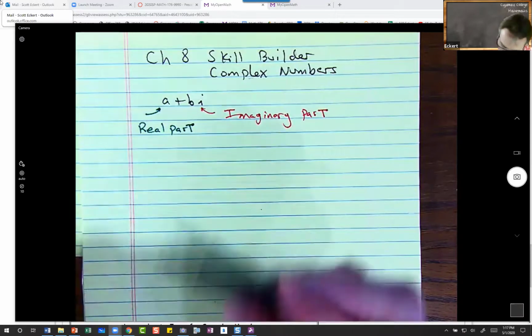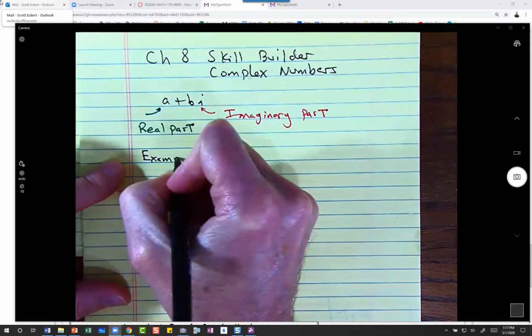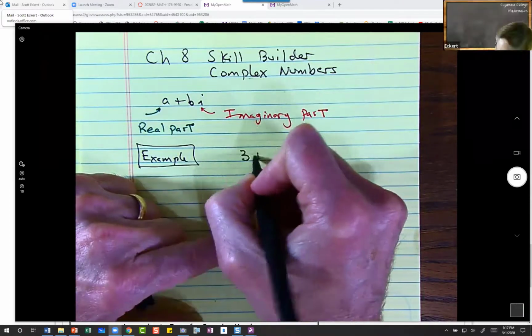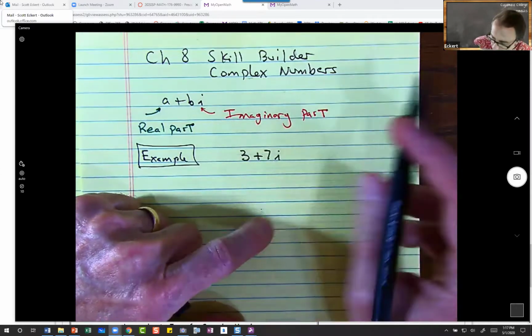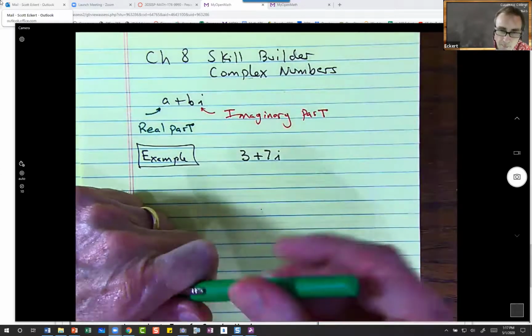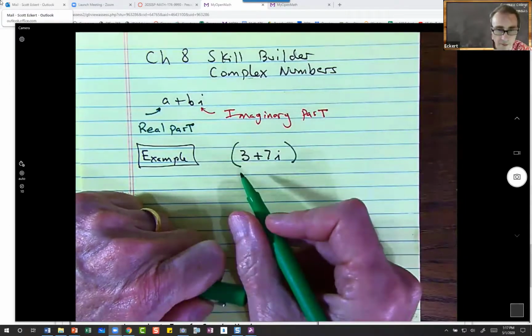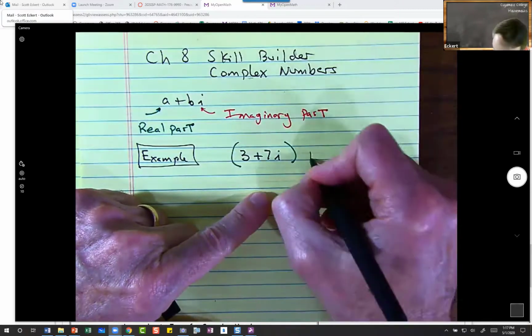So, for example, (3 plus 7i). Now, we don't need parentheses, but I'm going to put parentheses for effect here.